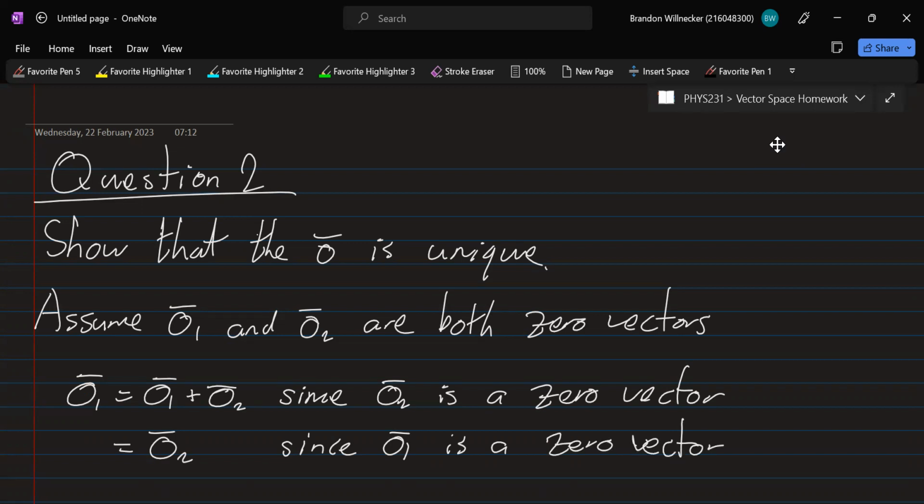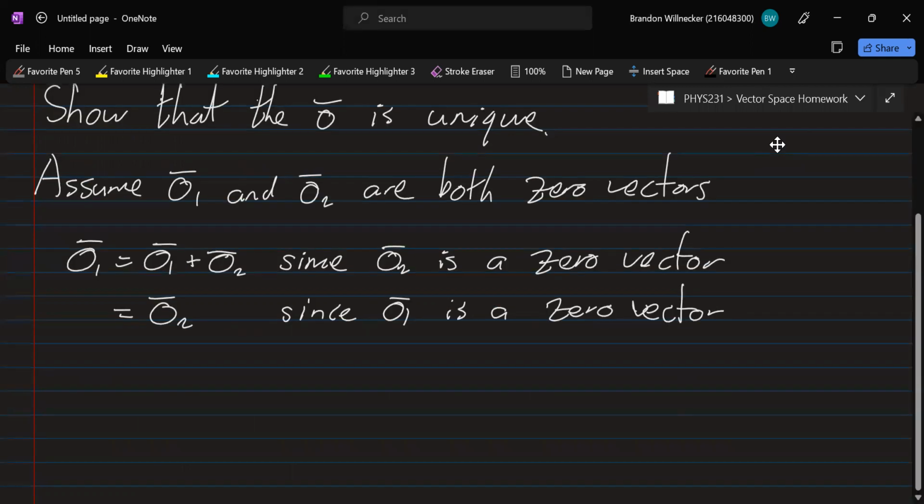Okay, so a similar argument. Instead of adding the zero vector like we did on the first line, we can also take away a zero vector without changing the value. Because remember, if I have a plus the zero vector, that's just a. Okay, but now on the left-hand side, we have 0_1. On the right-hand side, we have 0_2, and they're equal.